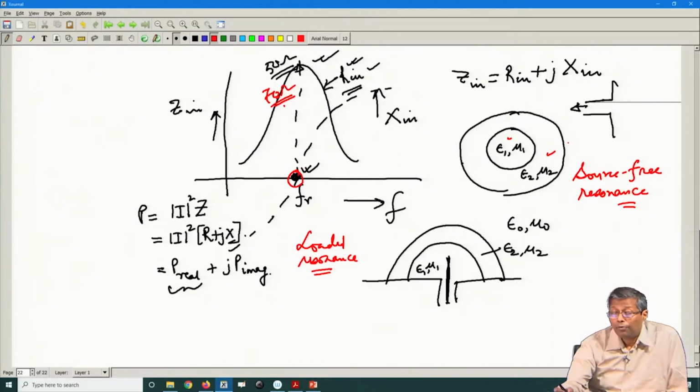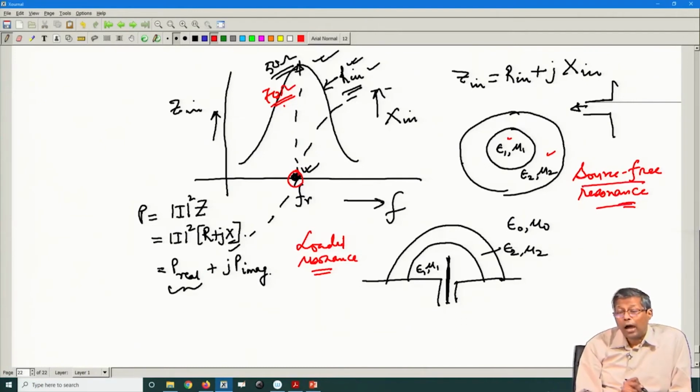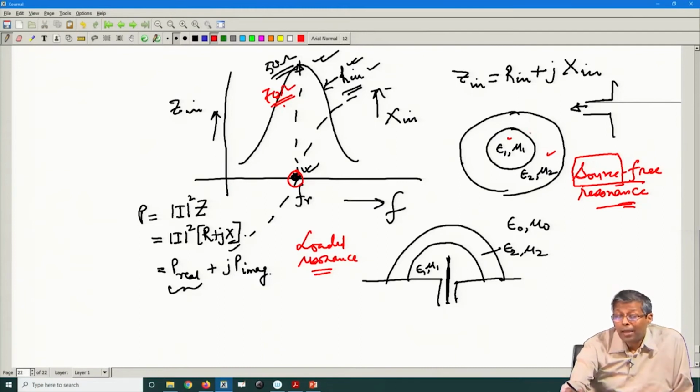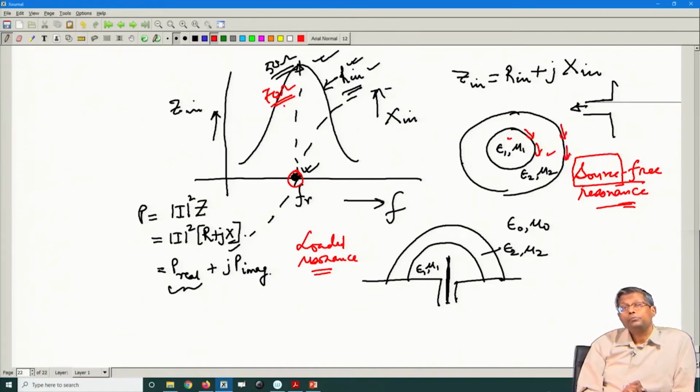If I were to compute the source free resonance of this, because it is source free, it is independent of the source; there is no source exciting this structure. We would just match the electric and the magnetic fields here, and match the electric and magnetic fields there.